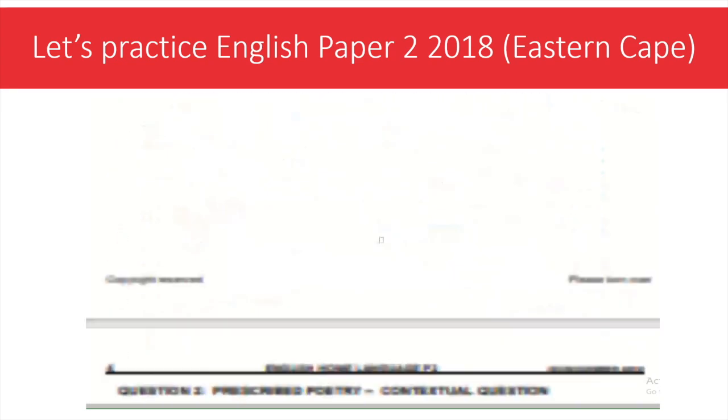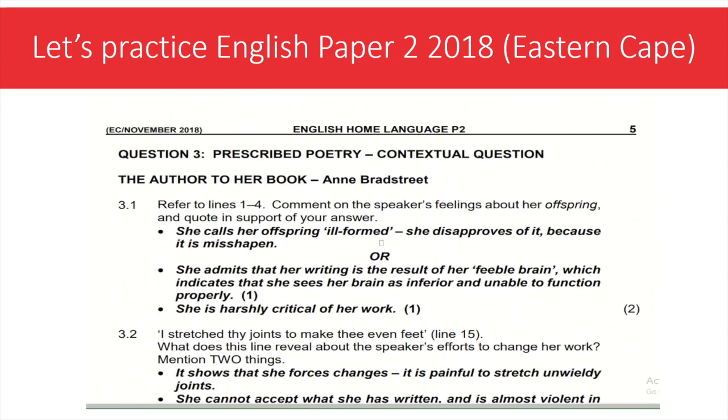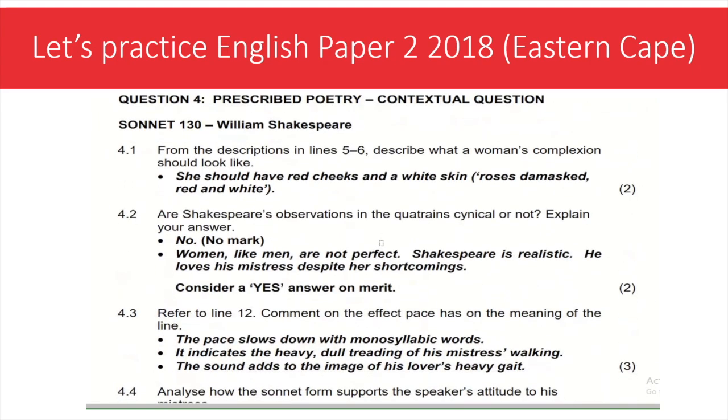So moving on to question 3. Here we go. From the descriptions in line 5 and 6, she should have red cheeks and a white skin. So that's what this roses damasked and red and white means over here. And that is the full 2 marks.